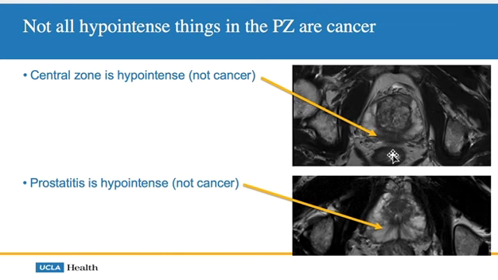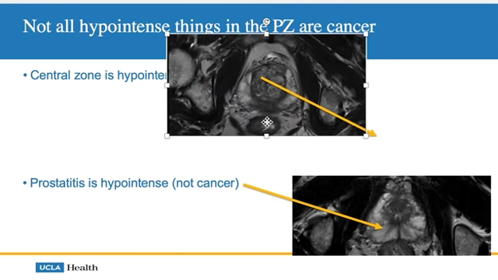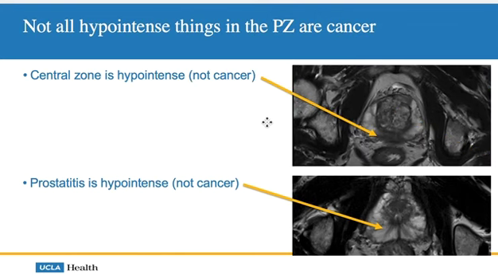That's number one. Number two, if you were to scroll up and down, you would see that this area actually communicates with the seminal vesicles and the ejaculatory ducts. And the central zone is where the ejaculatory ducts run through the prostate.